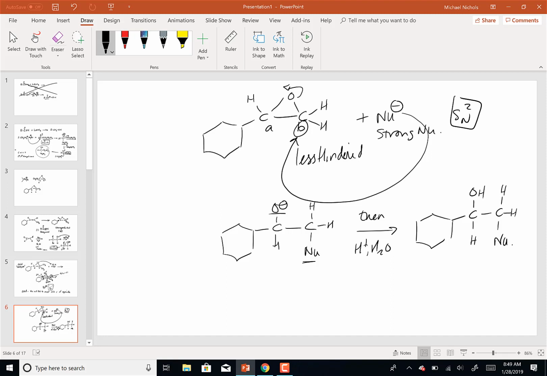Right, so now that takes us back to the first question of the period, which was when you add a Grignard, which carbon should the Grignard react with in the epoxide? It should react with the least sterically hindered one because it is a strong nucleophile.